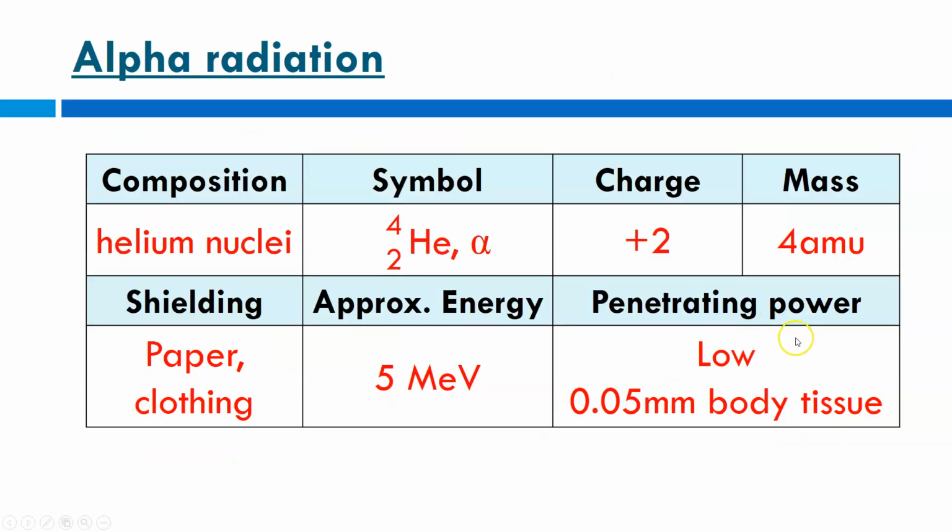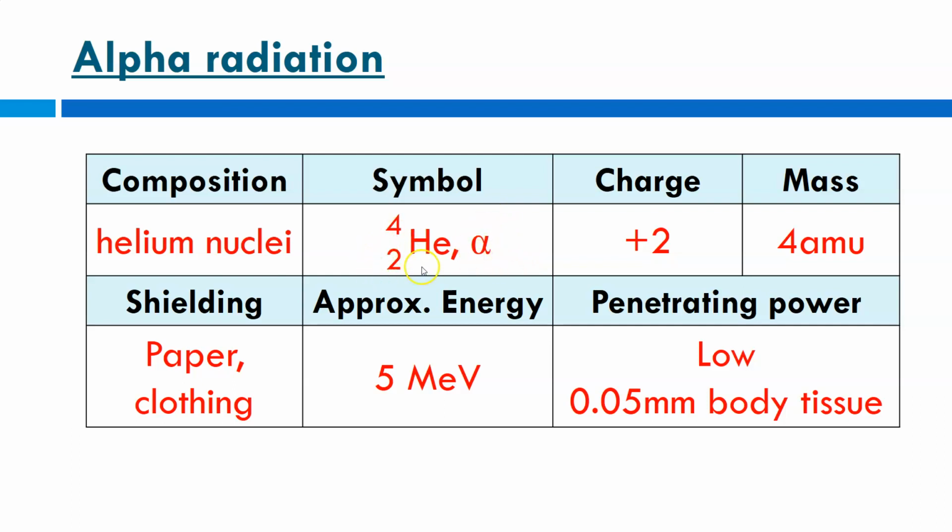Here's just a summary of some information about alpha particles. We don't want to say that it's a helium element, right? We need to specify that it's the nucleus. You have a couple different options for writing the symbols. You can write it with a helium symbol, or you can use the fancy alpha symbol.